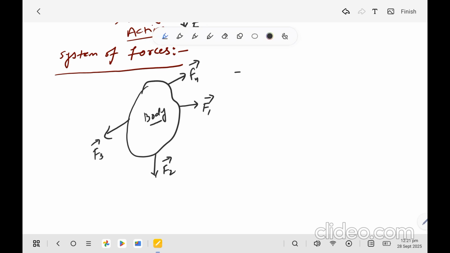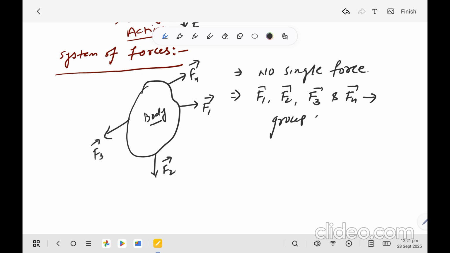So now what we observe is not a single force acting on the body, but F1, F2, F3 and F4.